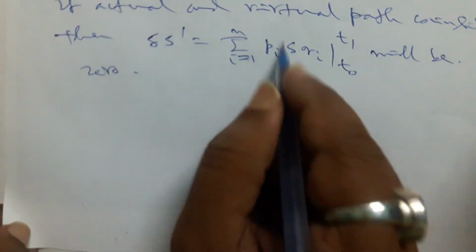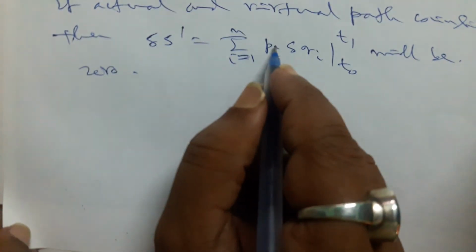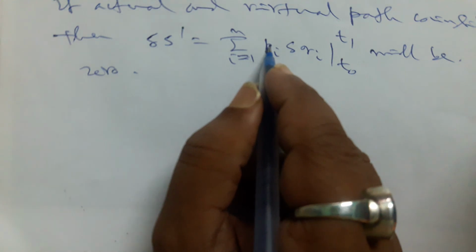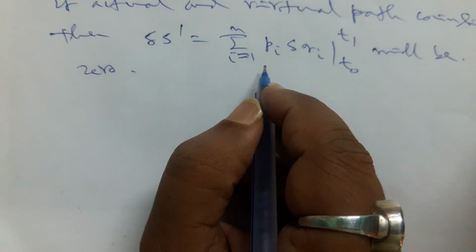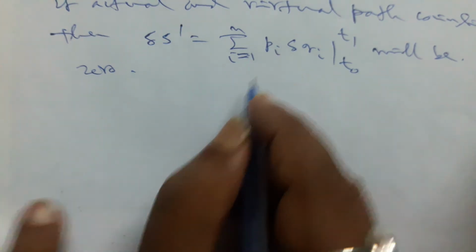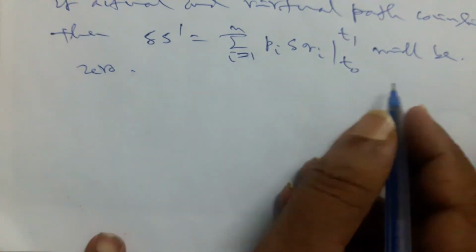But here pi is ∂L/∂qi dot, this is what pi represents, and that will be 0.